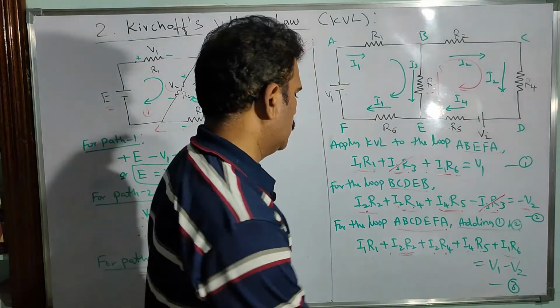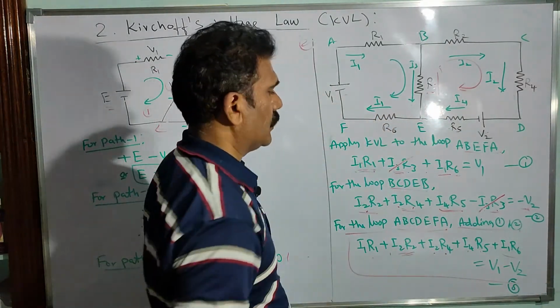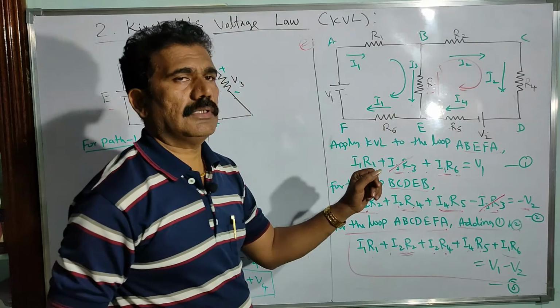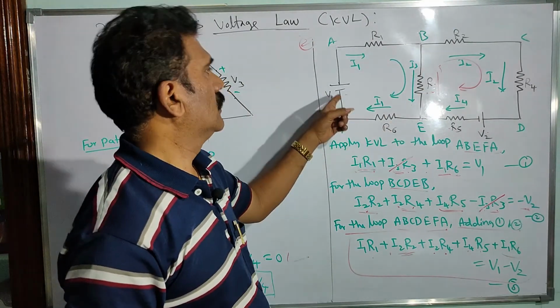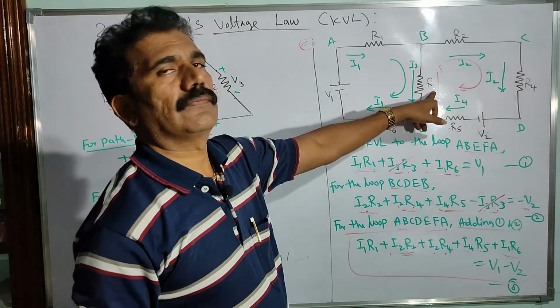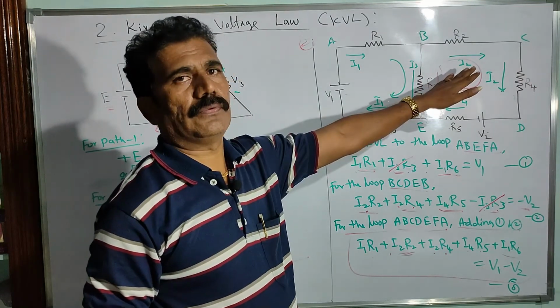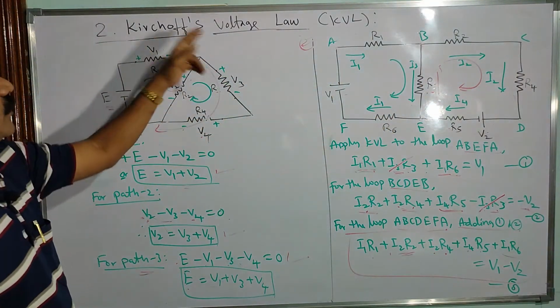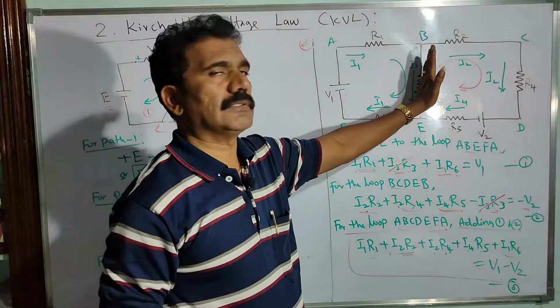This final equation will help you to find the potential difference across the source and the voltage drop across the given resistors in the outer part of the circuit by ignoring the central common resistor between the two loops. When you consider the outer loop, the middle resistor R3 is ignored.